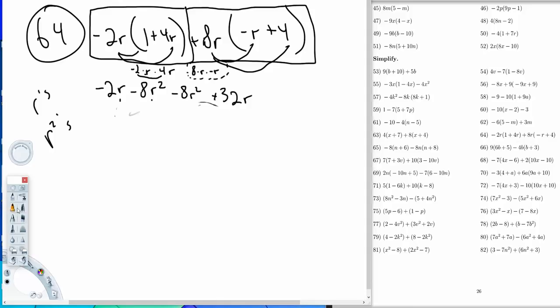My old trusty pen. All right. These go together, and these go together. Minus 2r plus 32r. Well, when we're adding or subtracting like terms, you can just forget about the letter and just add and subtract the numbers, which is going to be 30, and then you add back the r, 30r. Same thing here. Minus 8 minus 8 equals minus 16, and we are subtracting r squareds. And then do I get the right answer? Yes, I did.